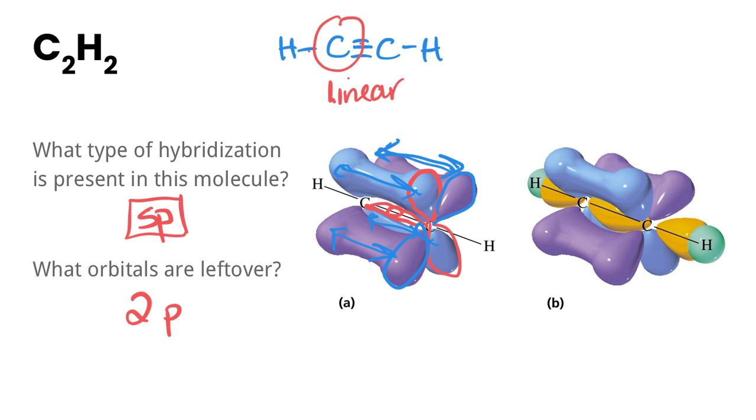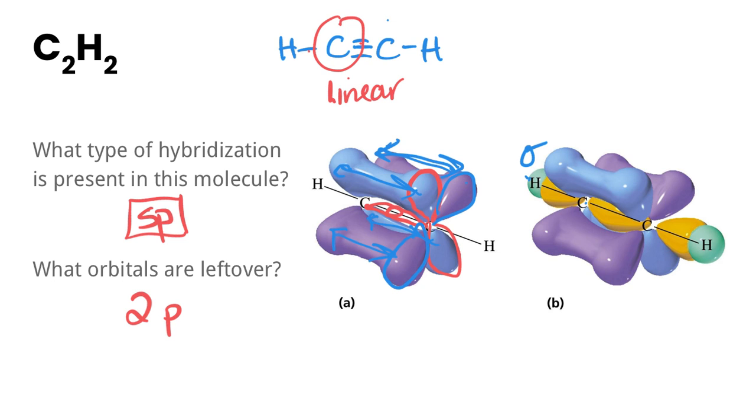So in the triple bond, you have one sigma bond from the end-to-end overlap of the hybrid orbitals. And then you have two pi bonds because you have side-to-side overlap happening between two separate pairs of p orbitals. Between the carbon and the hydrogen, again, that's end-to-end overlap, so that is a sigma bond.